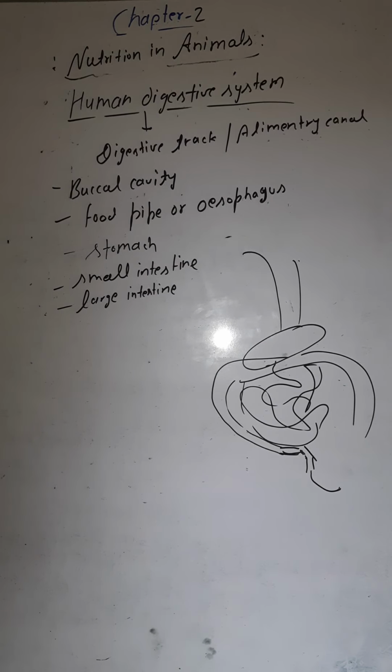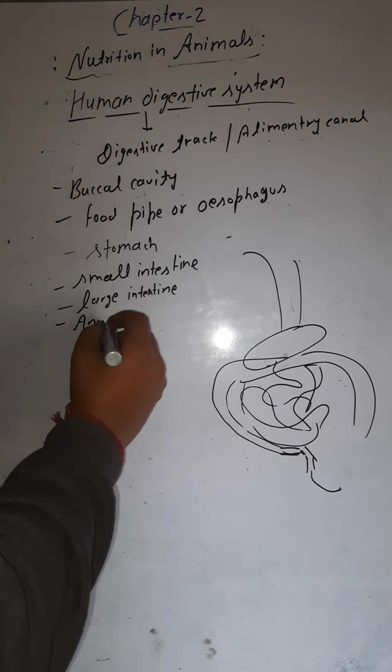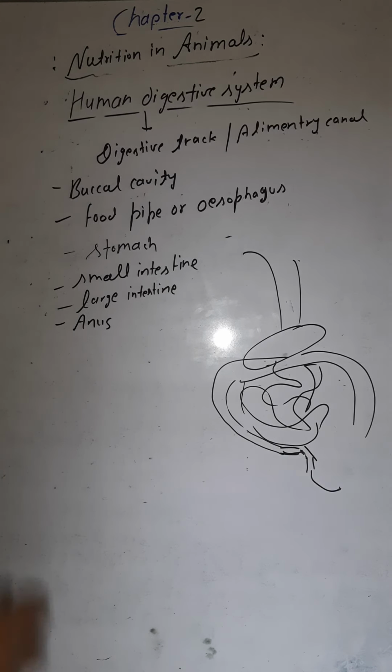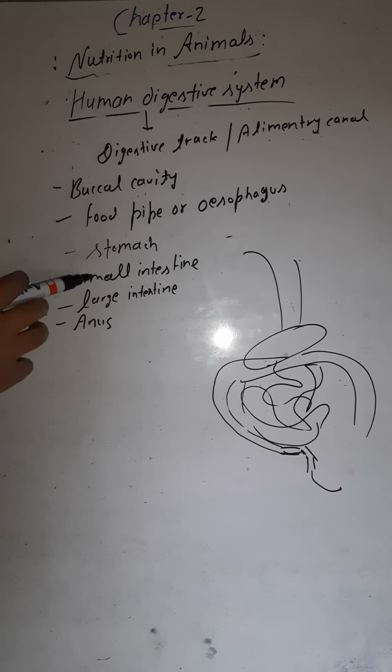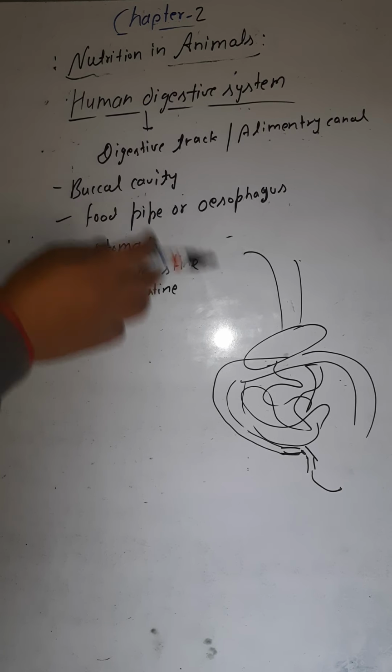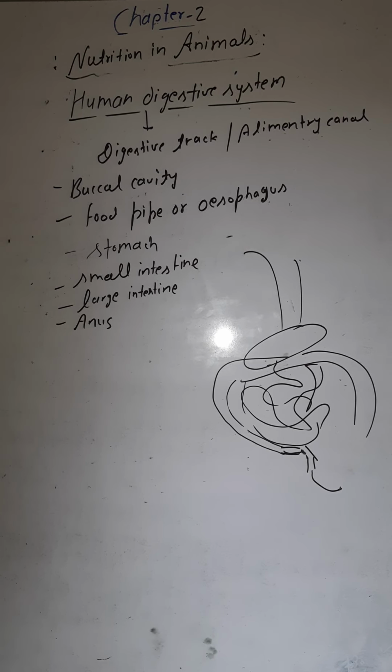So these are the six different organs which are involved in our digestive system.